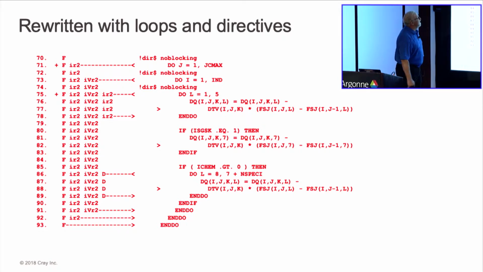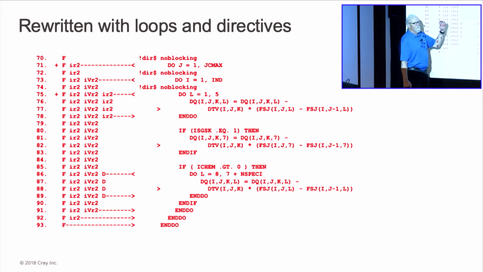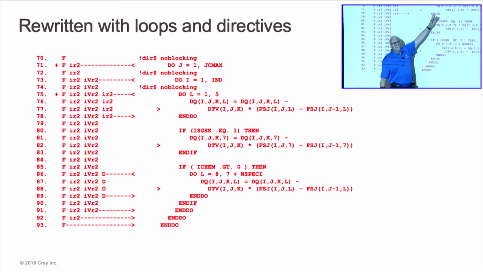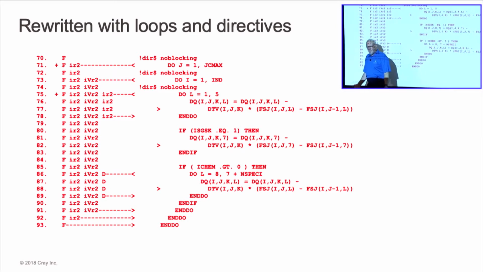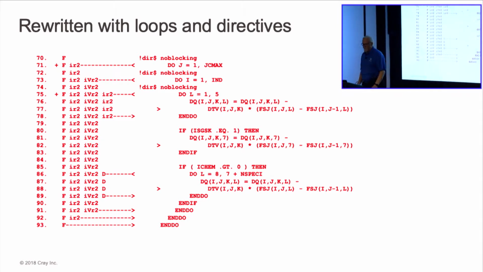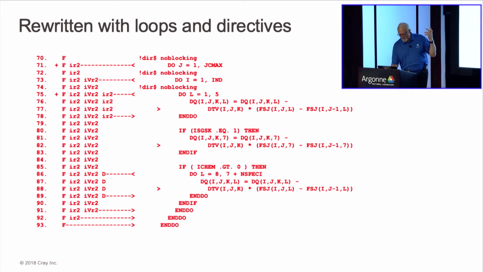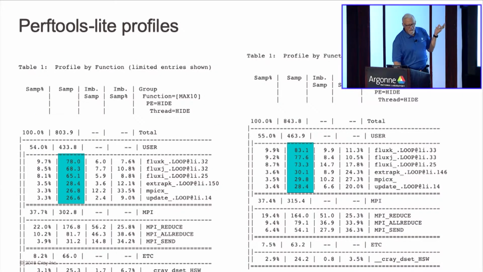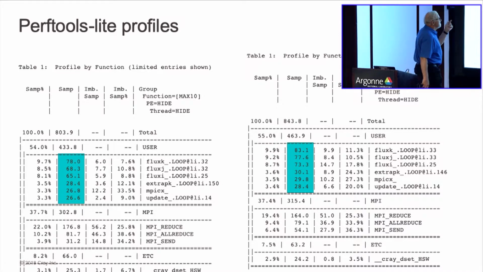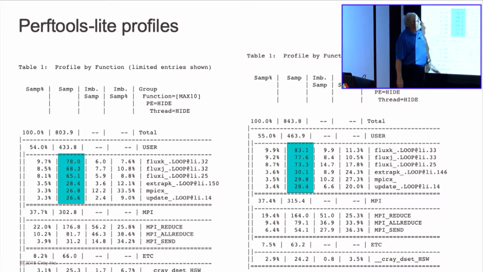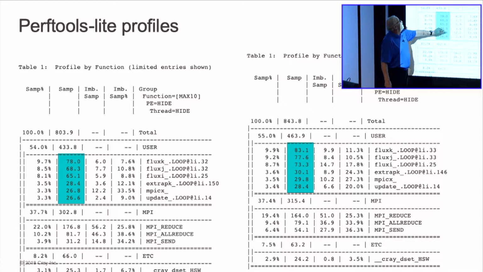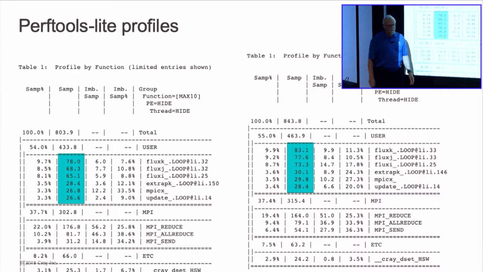As a matter of fact, when I turned off the blocking, it's unrolling loops. That's what the R stands for. All right, so I did that in all the routines, and now it runs 5% faster. This is the rewritten in loops, and that is the array syntax.